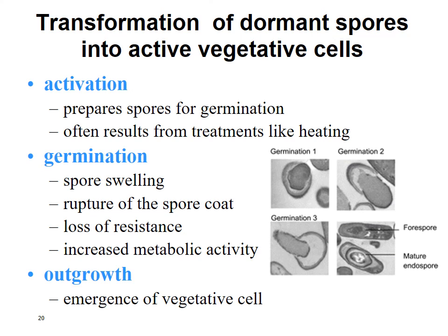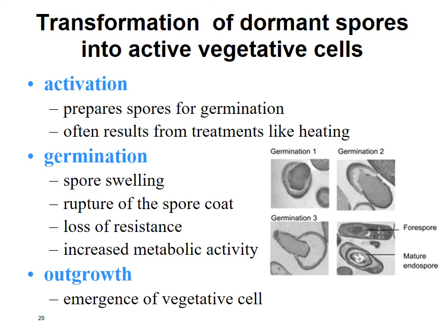It's then followed by germination, which is breaking of the spore's dormant state. This process is characterized by swelling of the endospore, rupture or absorption of the spore coat, and loss of resistance to heat and other stresses. Also an increase in metabolic activity.